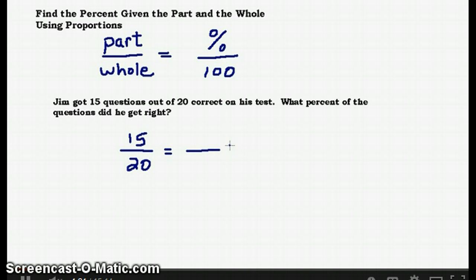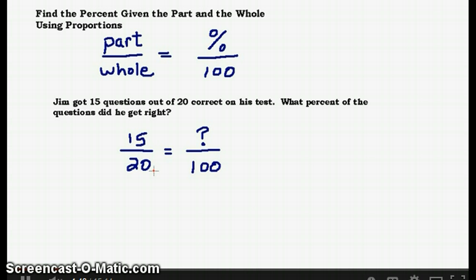Alright, we don't know the percent, so let's write the denominator as 100. For now, instead of using a variable, we'll just use a question mark, since we did that previously. Now you have to think in your head, 20 times what would give you 100? We would multiply by 5.